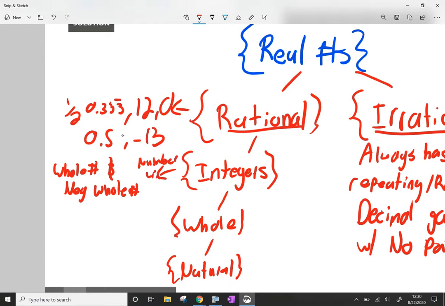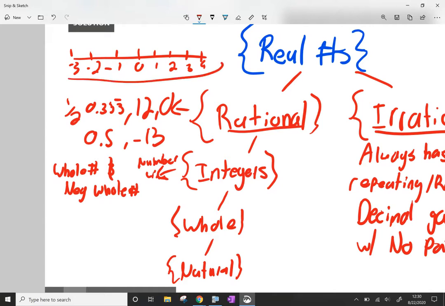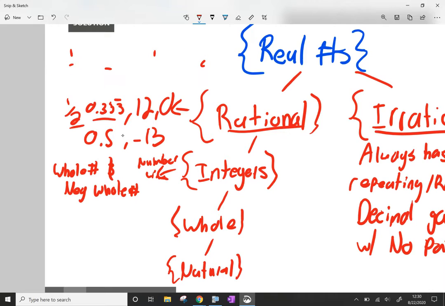When you draw a number line, you put 0 in the middle, you put 1, 2, 3, 4, and -1, -2, -3. These are all integers, okay? No decimals, no fractions. Decimals and fractions are still rational, but they're not considered integers. Just a heads up with that.